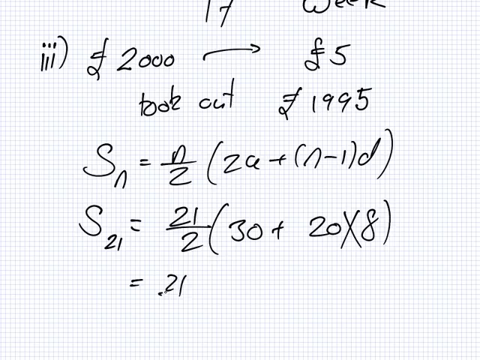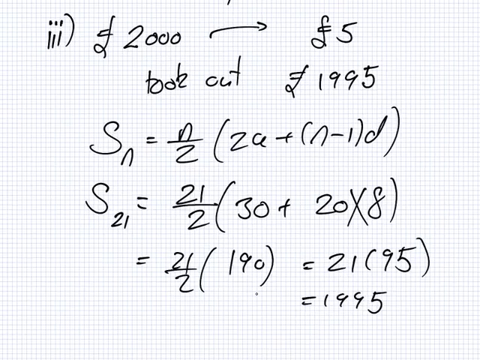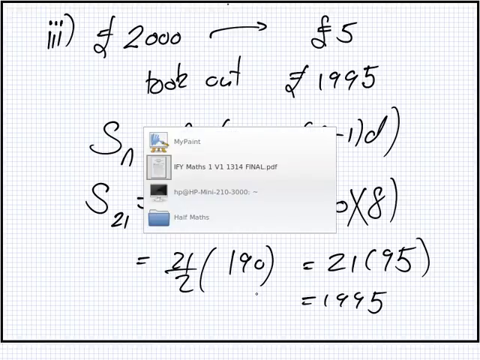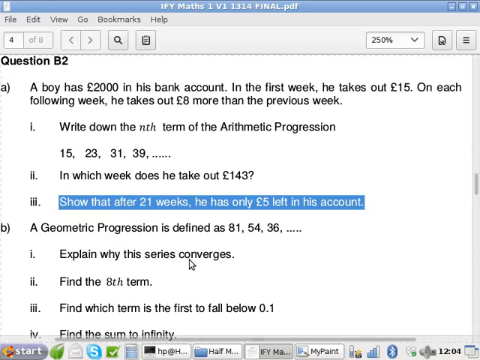So this is 21 over 2 times 190. Which is 1995. So we've shown what they asked us to show. I think this is a 3 marker. Yeah, 3 marks. Alright, so that's the A part of this section B question done.